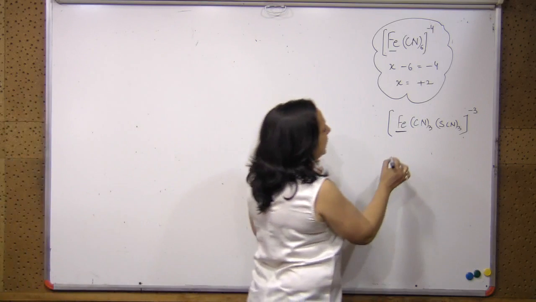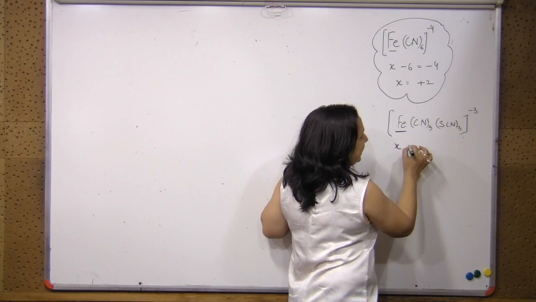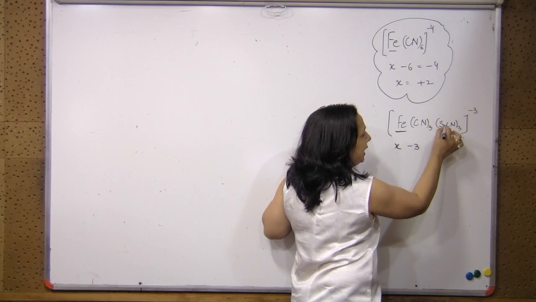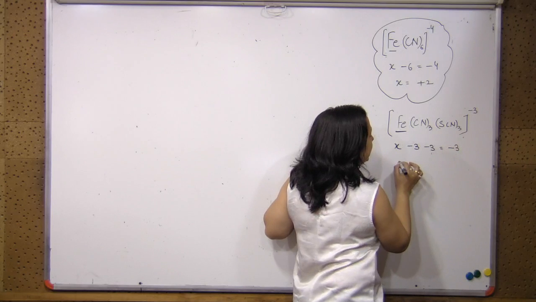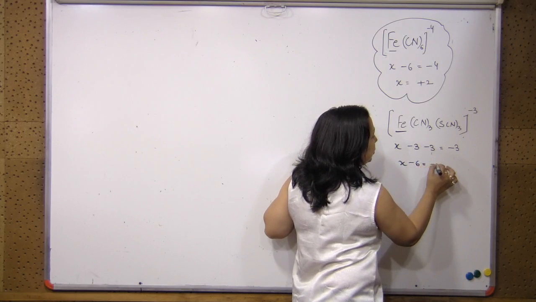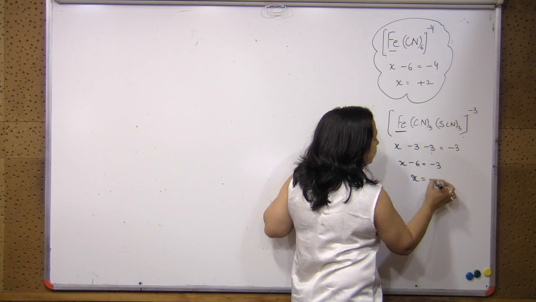Yes, it is written as x, cyanide minus 1, therefore minus 3, thiocyanide minus 1, again minus 3, equal to minus 3. X minus 6 is equal to minus 3, X comes out to be plus 3.